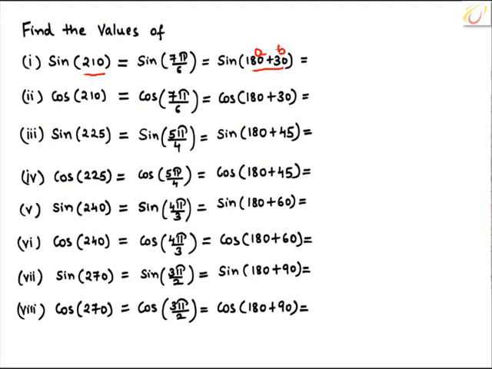Then cos 180 as minus 1 and sine 30 as half. Please find the value. Similarly, find the values for all the trigonometric functions which are given here. I give you 5 minutes to crack these values. You can pause the video here and replay after 5 minutes.